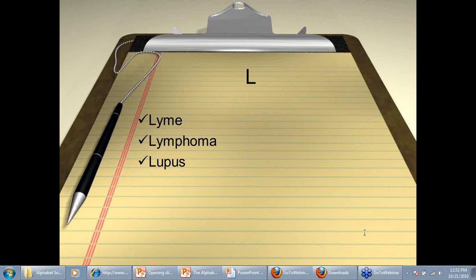Interestingly enough, on a political aspect here in New England, here in Connecticut specifically, there was a battle between patients and insurance companies because insurance companies did not want to cover long-term IV antibiotic therapy for Lyme disease.